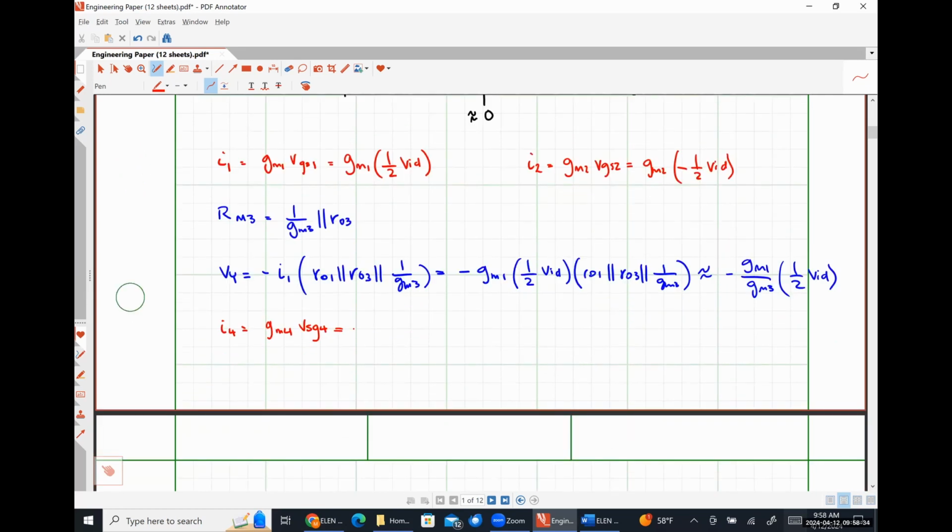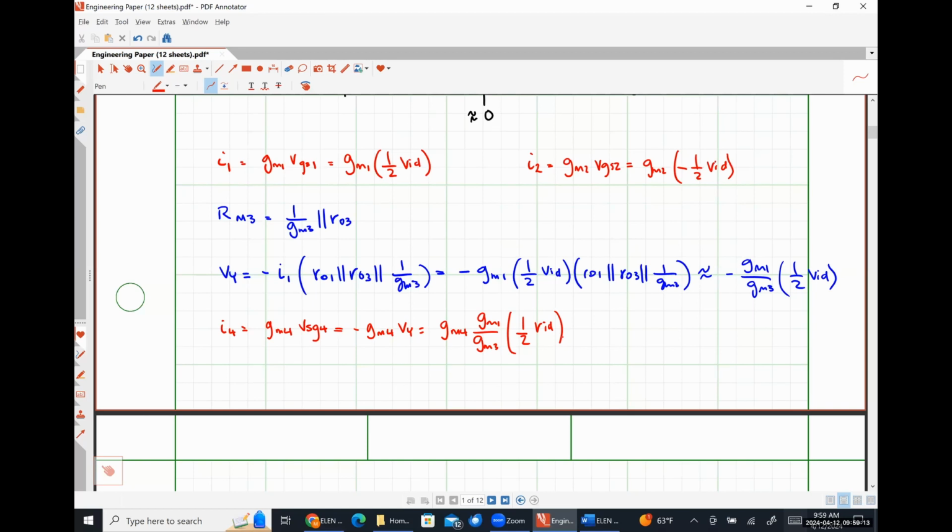So that's just going to be negative GM4 times VY, or substituting in VY, the negative signs are going to cancel each other out. And so I'm going to have GM4 times GM1 over GM3 times 1/2 VID. Now, Hannah, because you mentioned that these transistors need to be matched, what's the relationship between GM3 and GM4 for matched transistors?